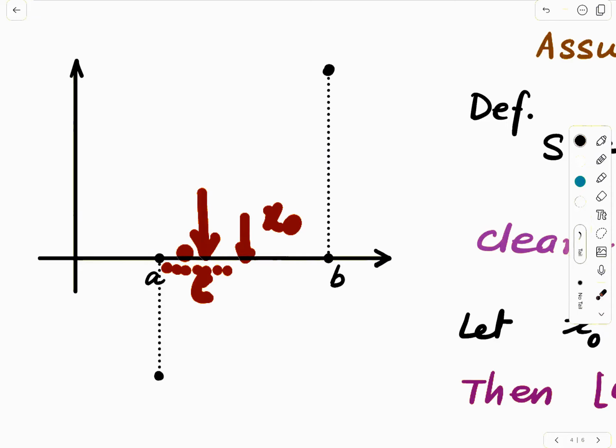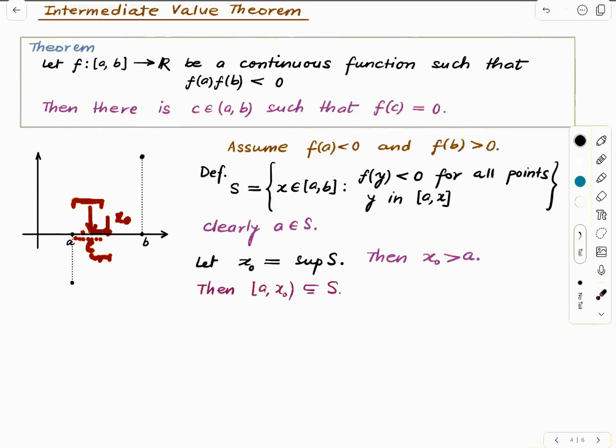In either case, none of these points can be in S, because if any were in S, then that would mean that everything before it had negative value of f. But that is contradicted. So this is something that I have justified verbally, but I hope you're able to write a formal proof of it.